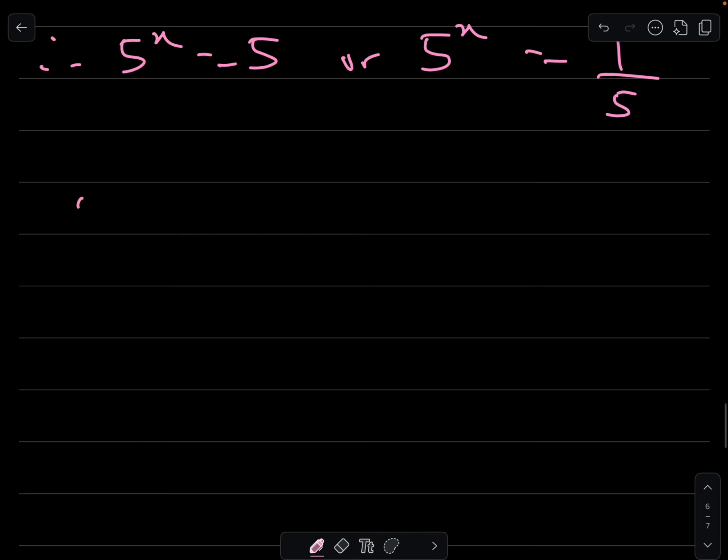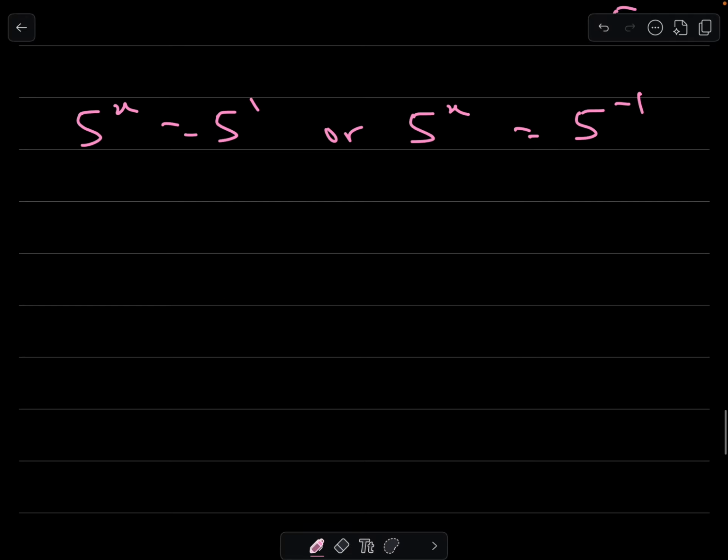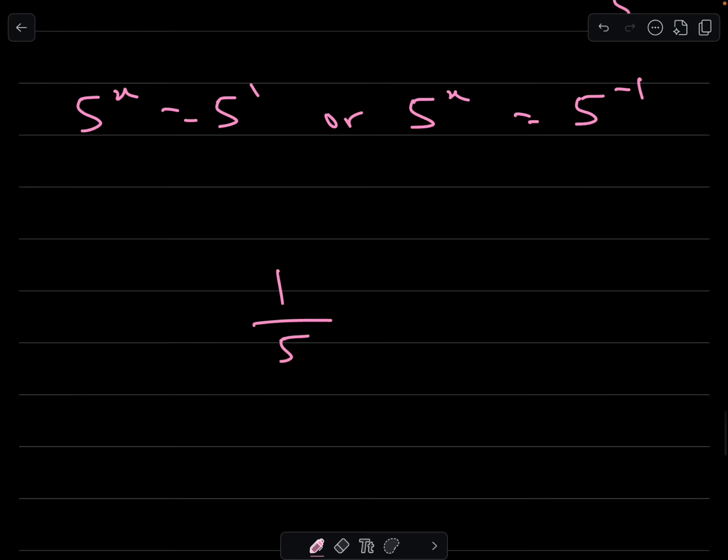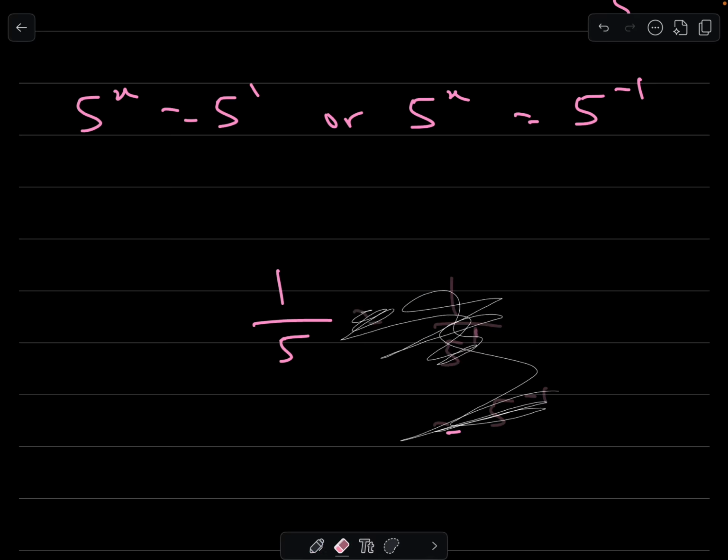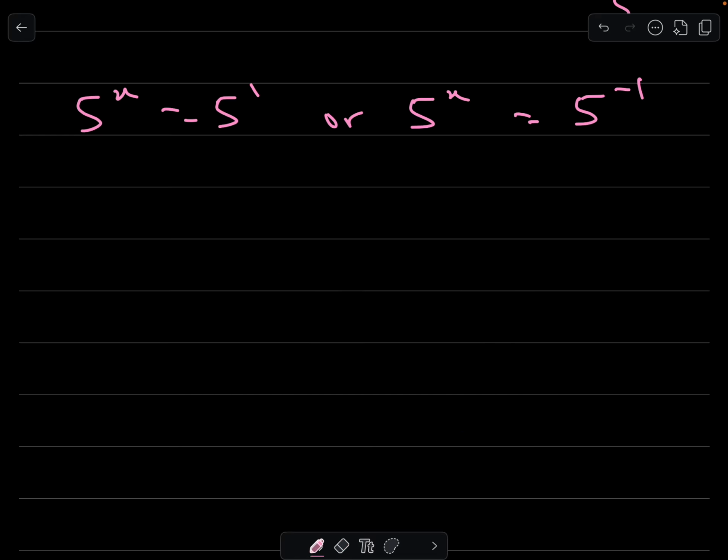And that means 5 raised to the power x equals 5 raised to the power 1 or 5 raised to the power x equals 5 raised to the power minus 1. We know that 1 over 5 is the same as 1 over 5 raised to the power 1, which is 5 raised to the power minus 1. So finally, that therefore means x equals 1 or x equals minus 1.